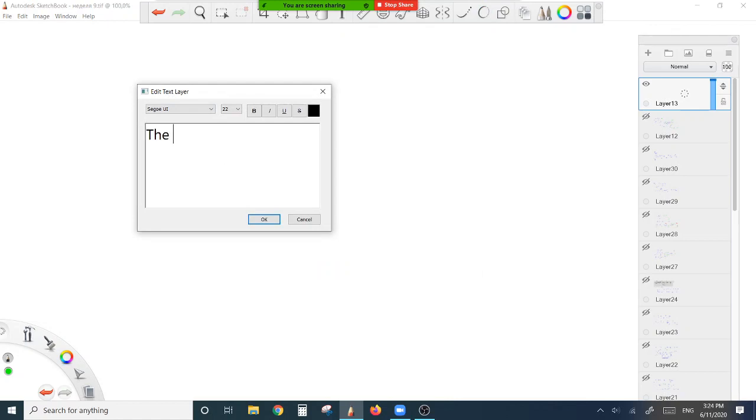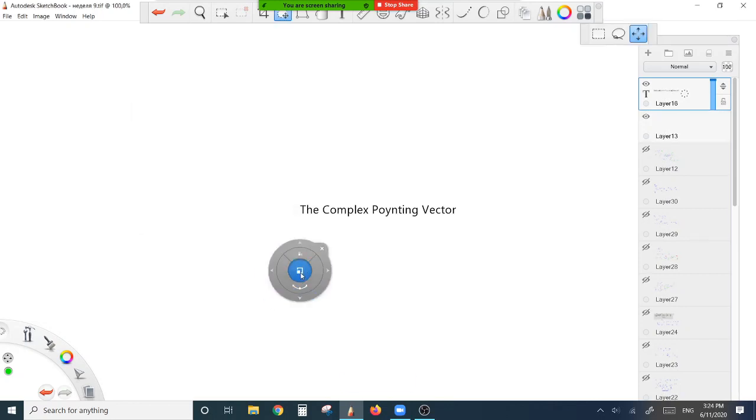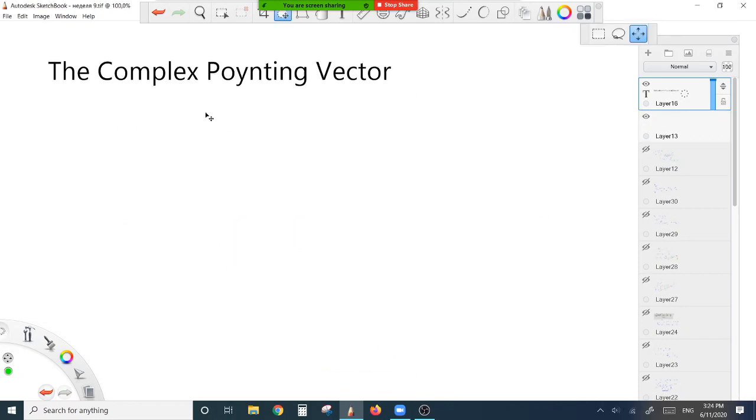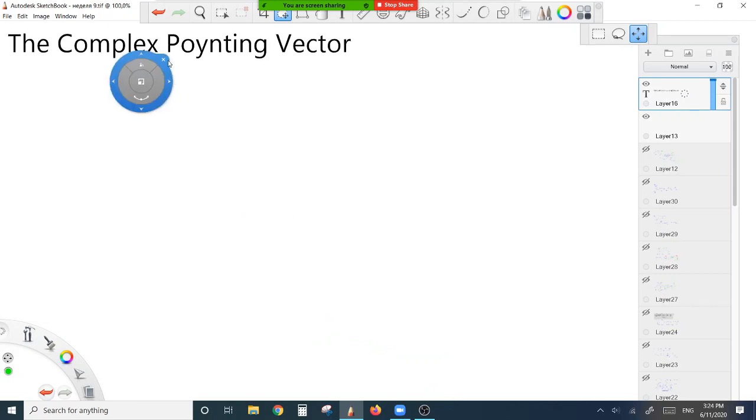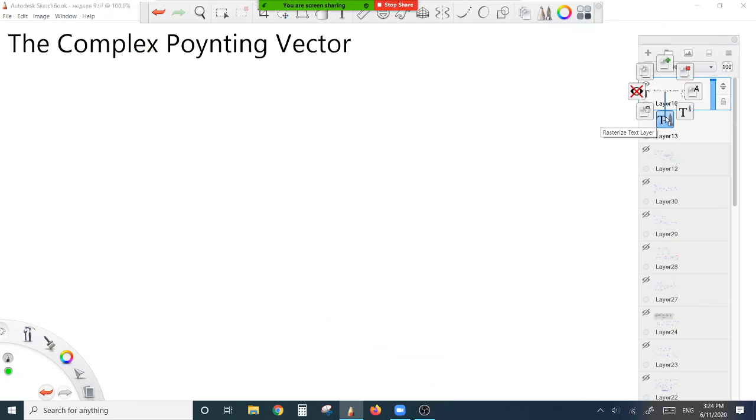New concept of this topic: the complex Poynting vector.